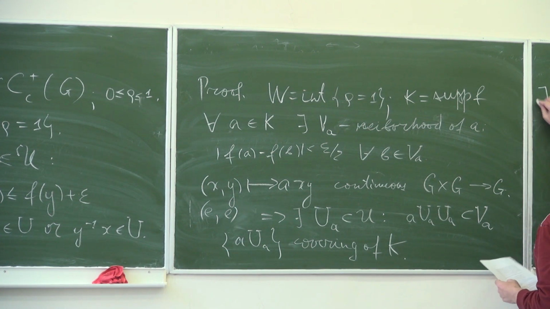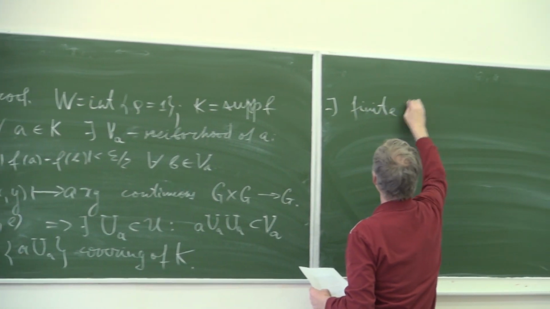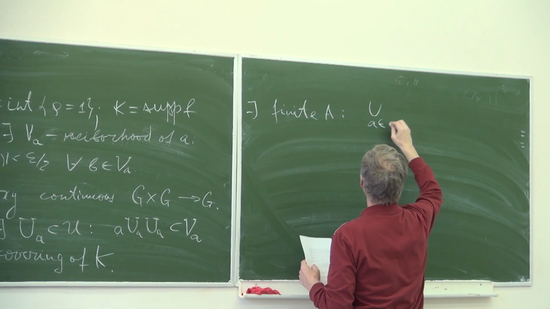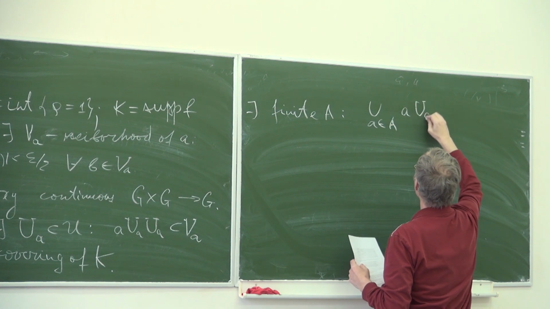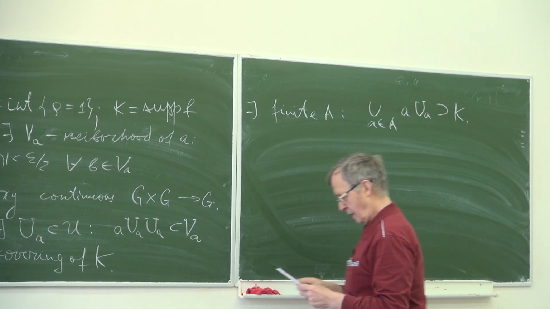So there is a finite set A, so that the union of small a in capital A covers K. Okay.